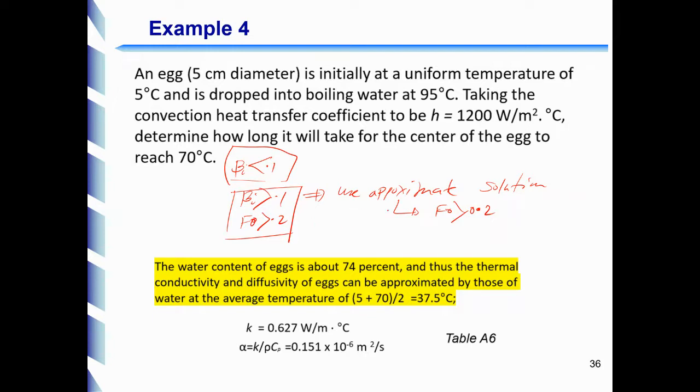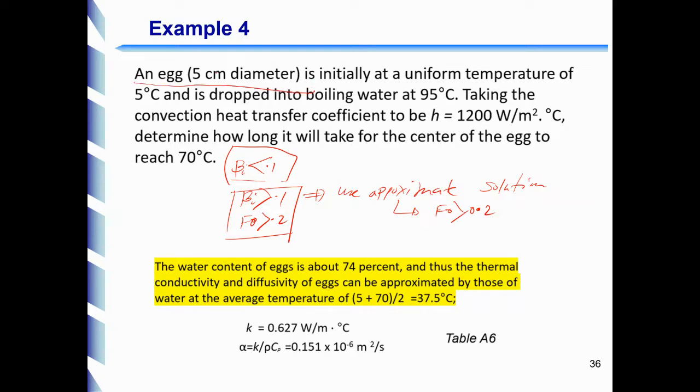If these two conditions are satisfied, then the approximate solution is okay. So last lecture we discussed the technique of approximate solution. So we will do an example.